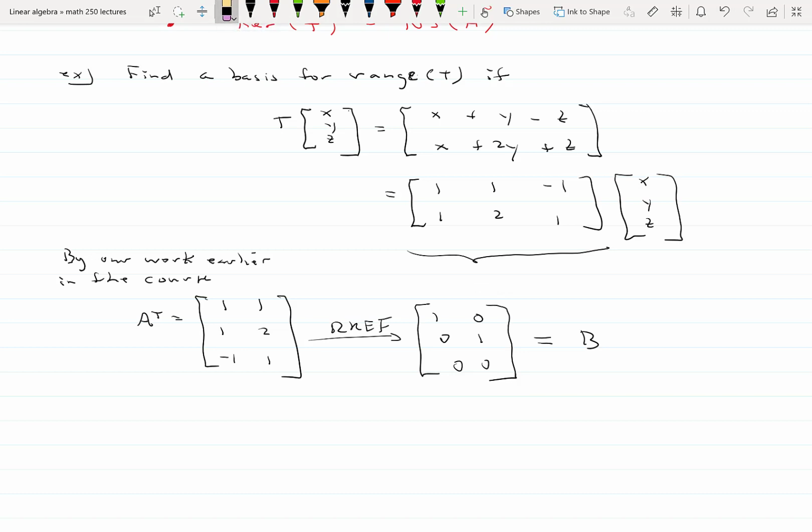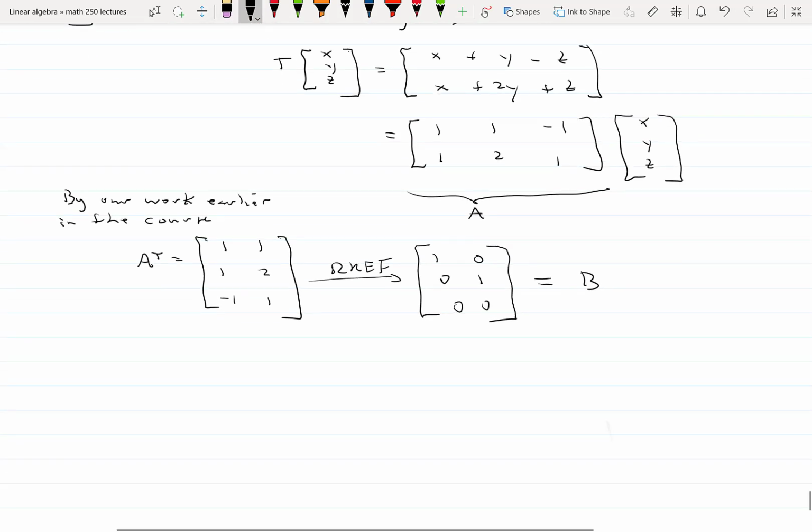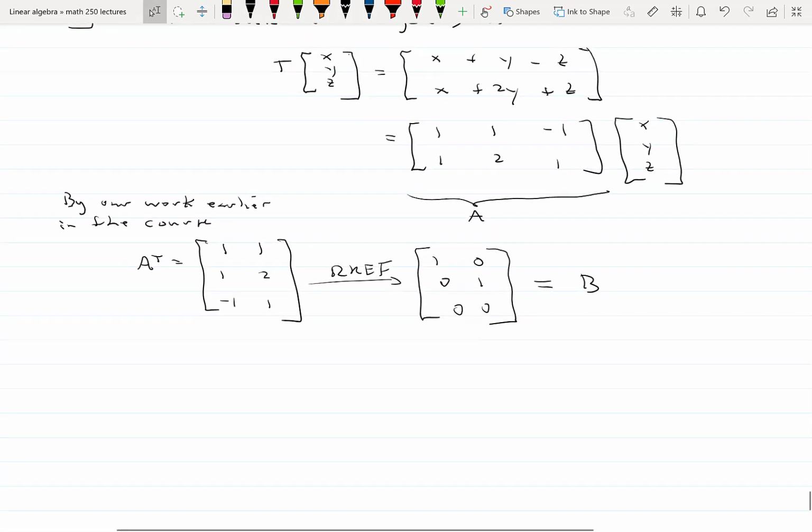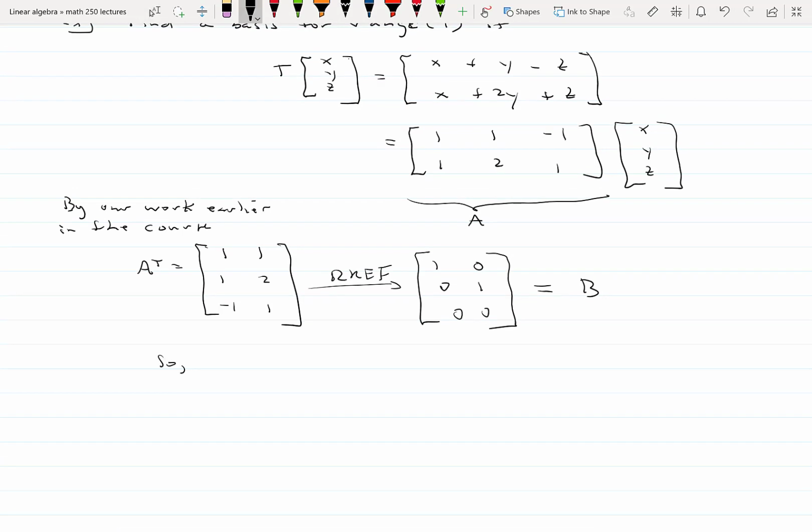It's just as easy to find the REF as it is to find the RREF using a calculator. Okay, so first I row reduce the transpose. Okay, so what did we do? Basis vectors for the row space of B are 1, 0, and 0, 1.